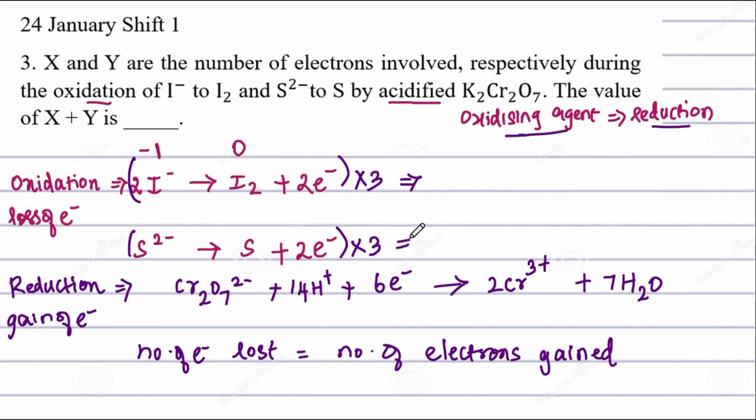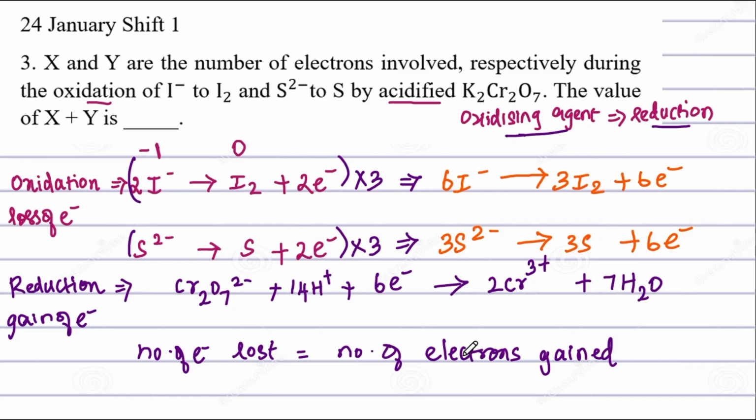Now what will be the half reactions? See the half reactions. 6I- gives 3I2 plus 6 electrons. Then the second reaction is 3S2- gives 3S plus 6 electrons. Now you have to add separately.